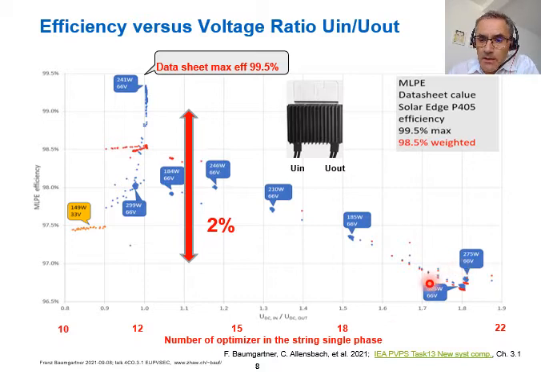And there you have maybe 1.5 up to 2% less power compared to if your design would show up with a unity input-output voltage ratio in the unshaded mode for the optimizers. These values are not given by the manufacturers, but they are highly needed for the people out there, for the practical guys, to design an optimum system.